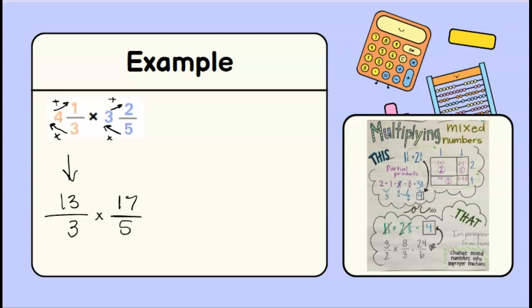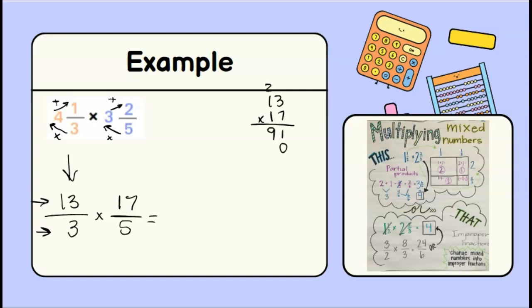Now that I have improper fractions, I'm going to think back to my last skill: when I multiply fractions, all I have to do is multiply across. Numerators get multiplied, then denominators get multiplied. I've got 13 times 17. 7 times 3 is 21. 7 times 1 is 7, 8, and 9.